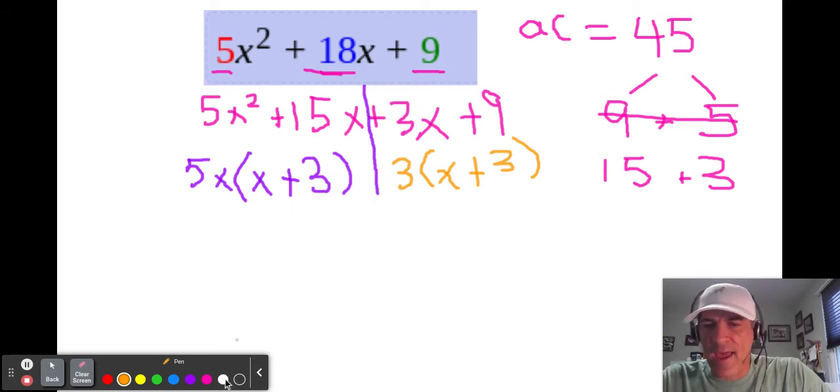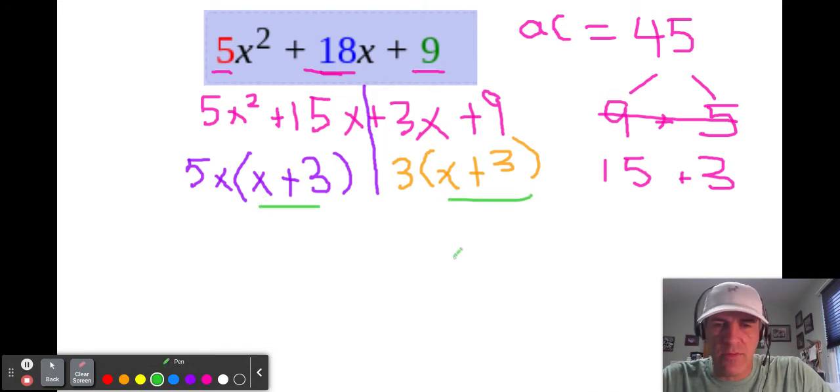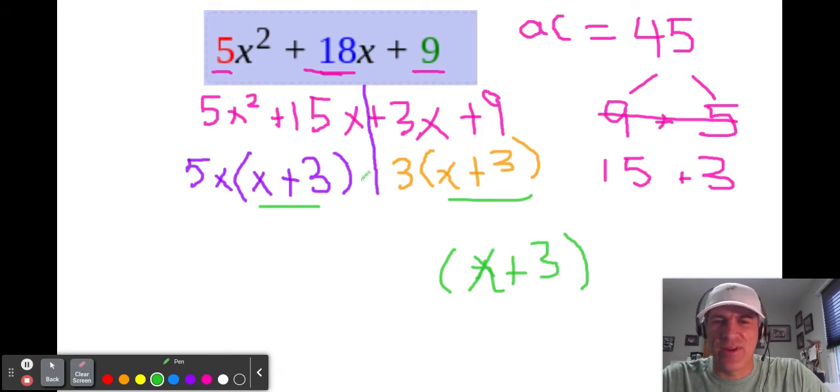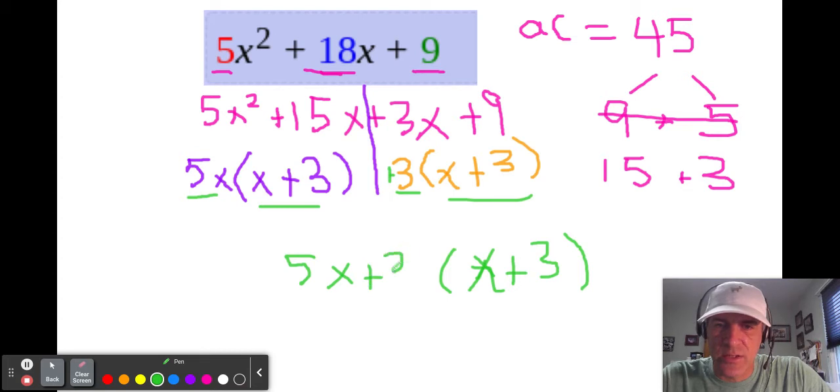And now, since both of these are the same as they should be, this will give me one of my binomials, x plus 3, and my other binomial will be 5x plus 3.